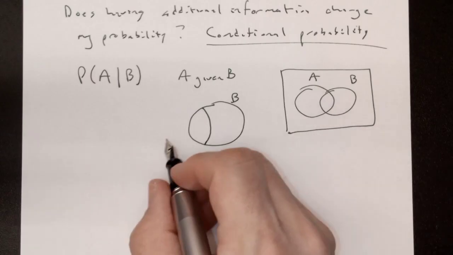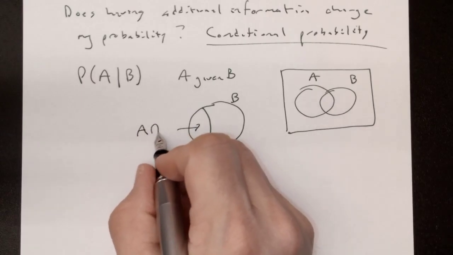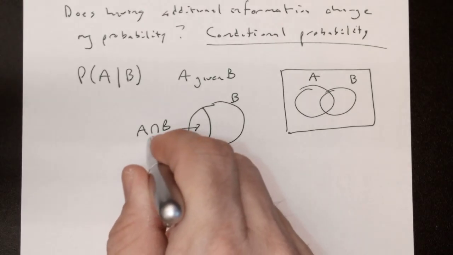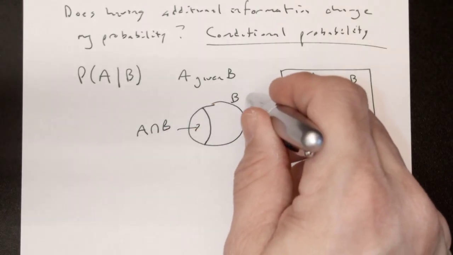The intersection. So this piece is A intersect B. So if I've restricted my universe to just this circle, and now I want to know the chance of A happening, it's the chance of this happening out of this.